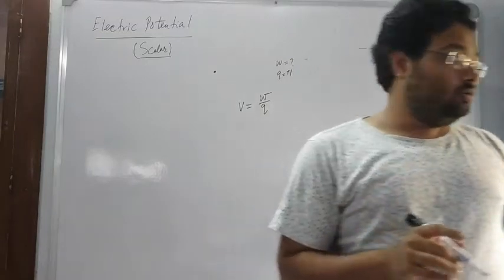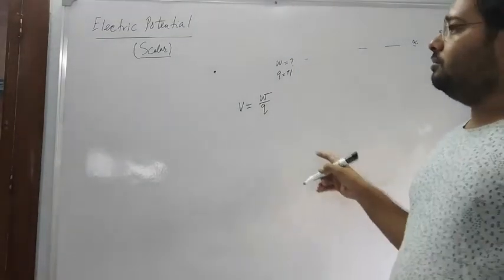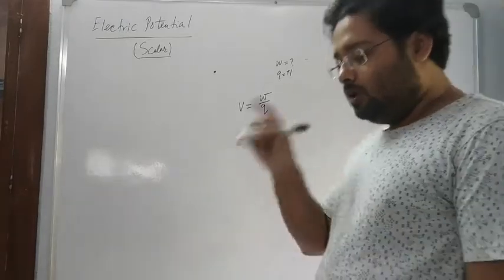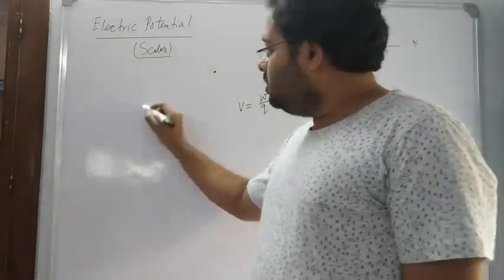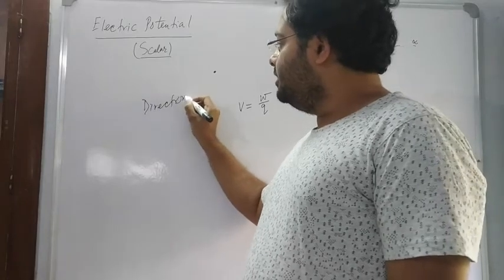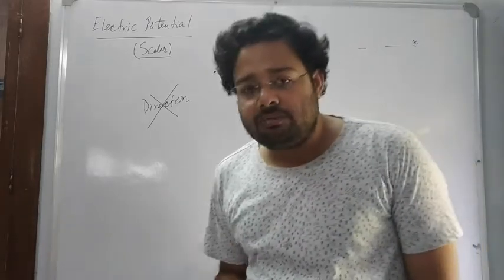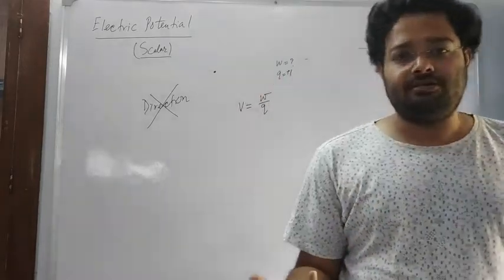And so, to find out potential of a point for multiple charges, always remember you don't need to take direction. You don't need to consider the direction of the potential, because potential being a scalar does not have any direction.